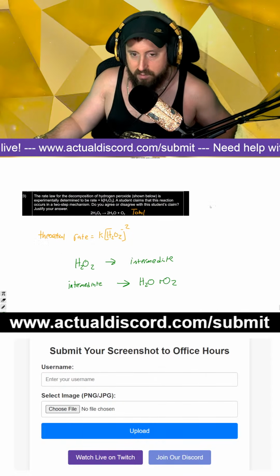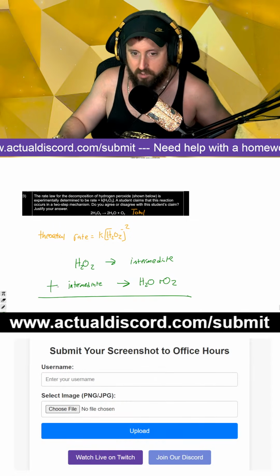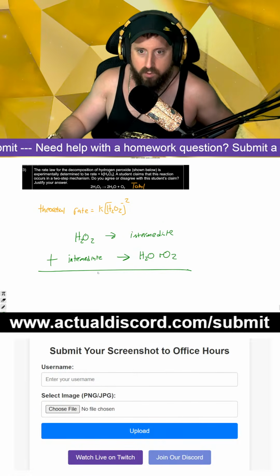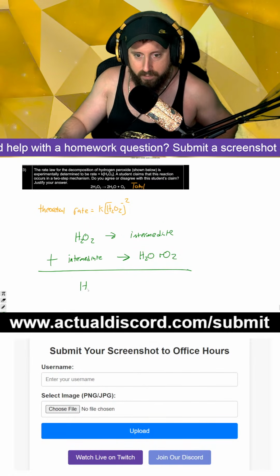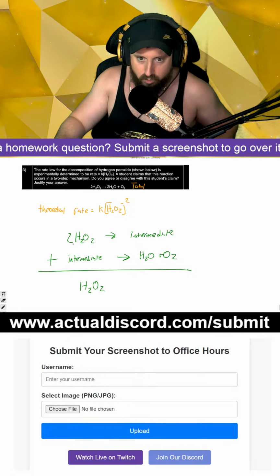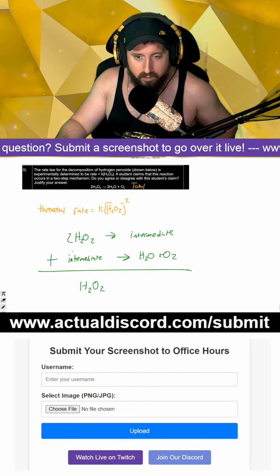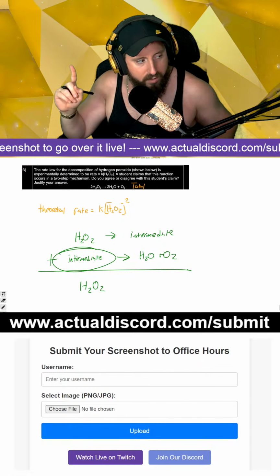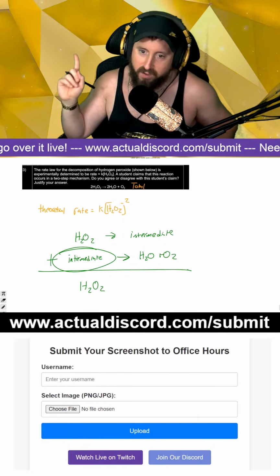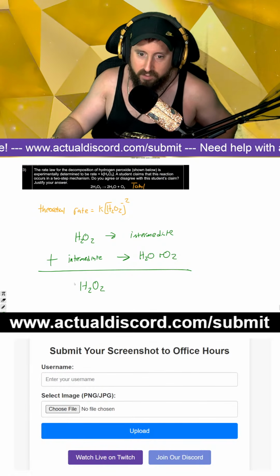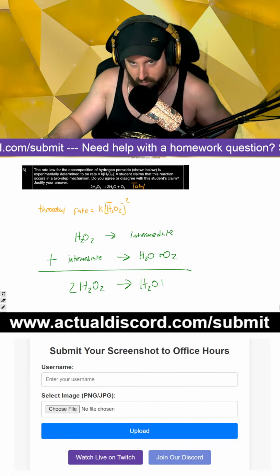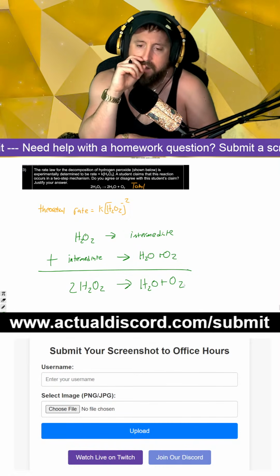And then what happens is, if you add these 2 equations up, the intermediate should cancel, and you would get just H2O2, and this would have to be a 2 on it maybe, right? Well, no, because you could have H2O2 also as the intermediate here. Yeah, I think I see how this works. This eventually needs to turn into this, which is going to H2O plus O2. Okay.